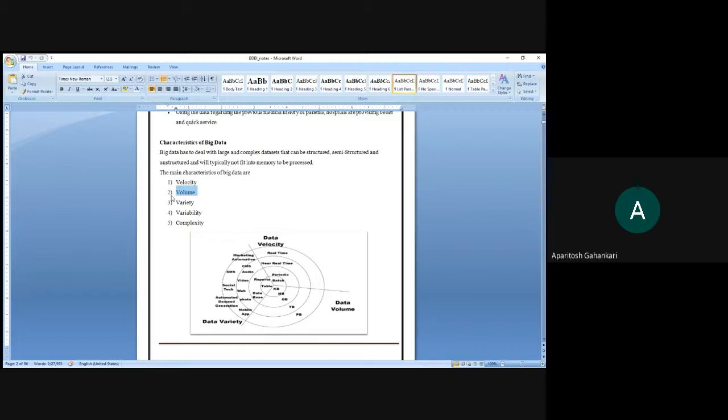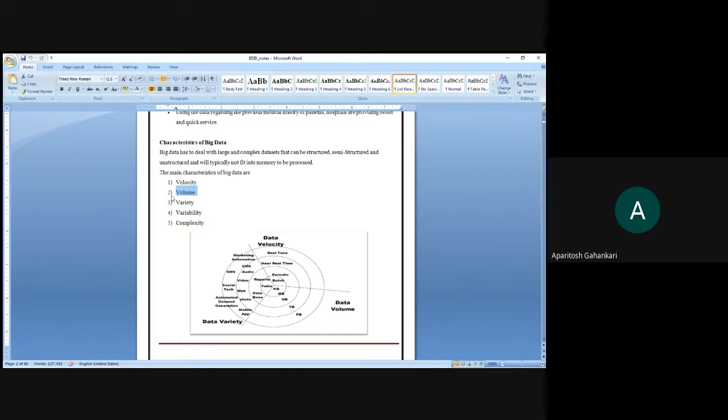We have smart devices like the Fitbit band, the wristwatch band, that monitor your every biological activity: what is your heartbeat rate, what is your blood pressure, what is your glucose, what is your oxygen level. All these things are getting monitored with the help of these smart devices, and that is why a huge volume of data is getting generated.